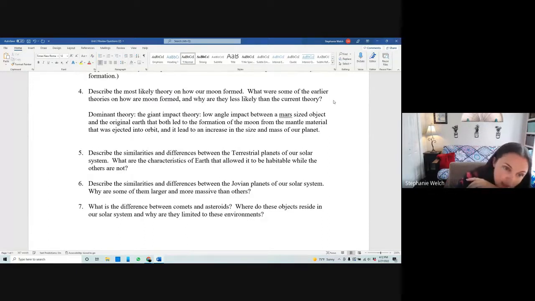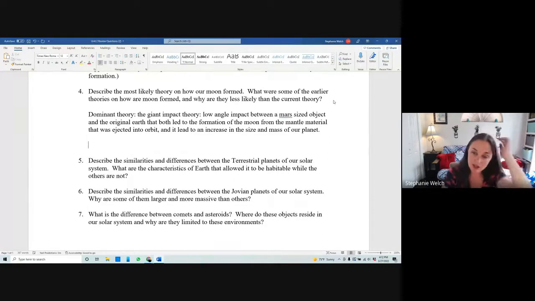So the idea behind the giant impact theory is that it accounts for the unusually large size of our moon compared to the size of our planet.